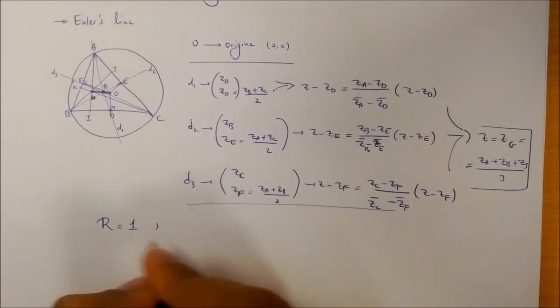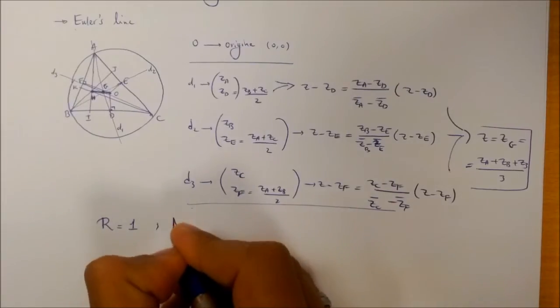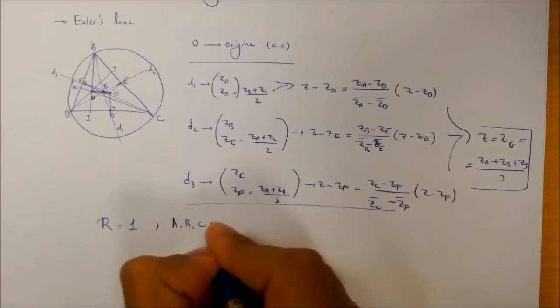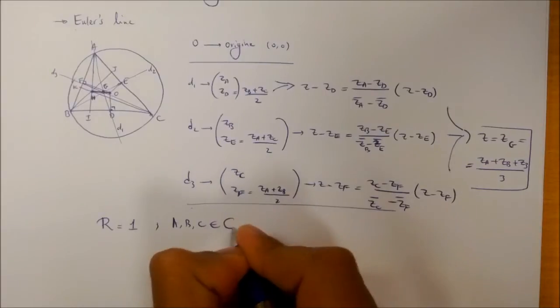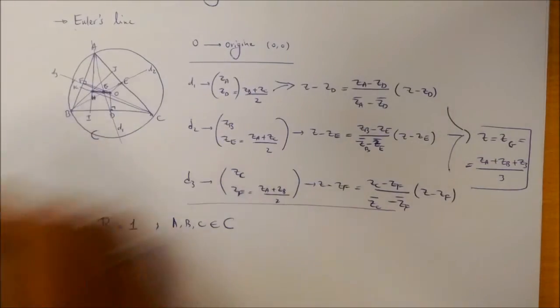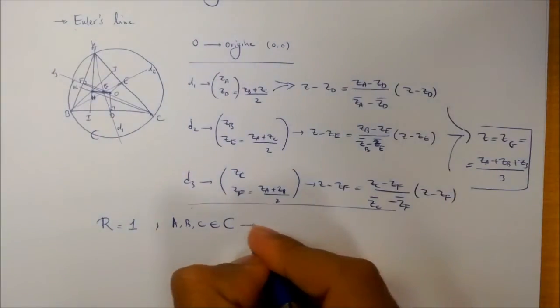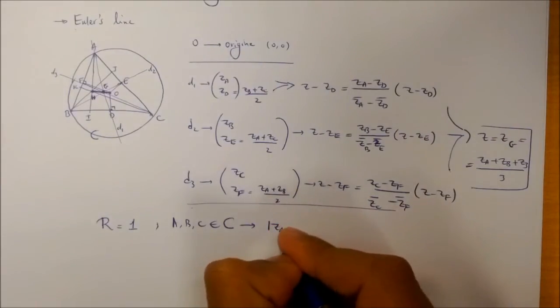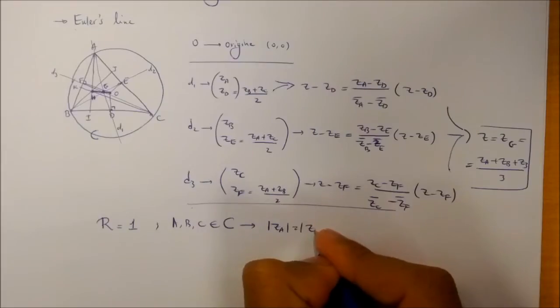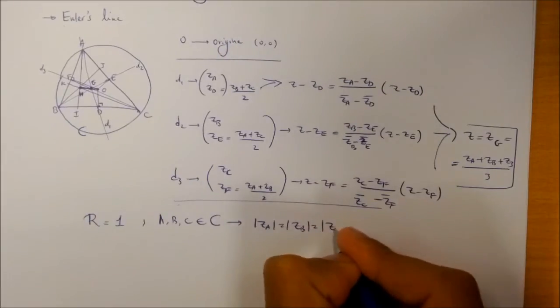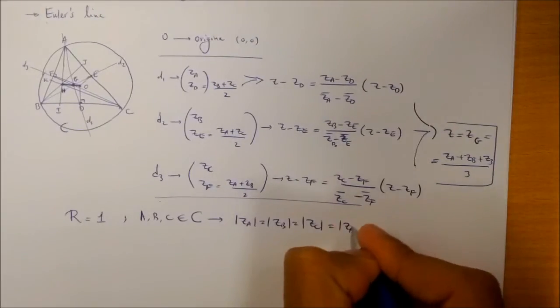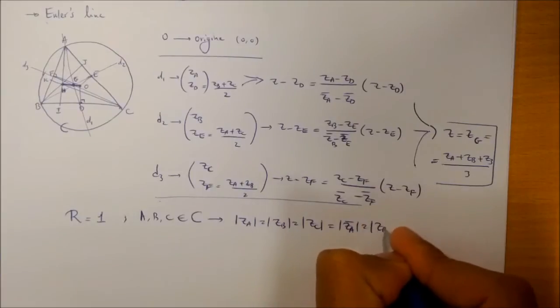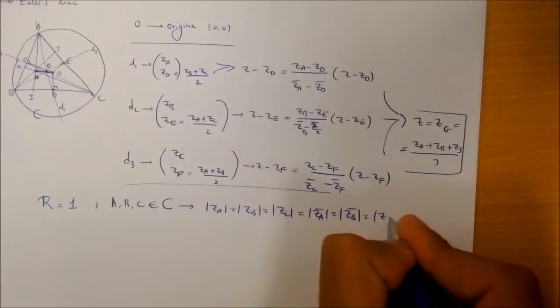And because A, B, and C belong to the unit circle, the modulus of Z of A is equal to the modulus of Z of B and Z of C, and Z of A bar, Z of B bar equal Z of C bar.